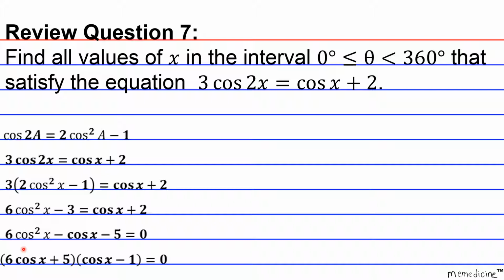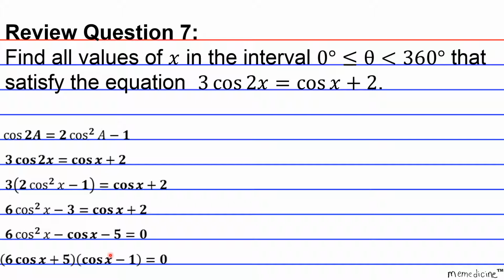So the reason why we're going to factor in this manner is because it makes things really easy. So basically what we're going to do now is separate both terms and let them be equivalent to 0. And by taking this approach, we're exercising the zero product property.